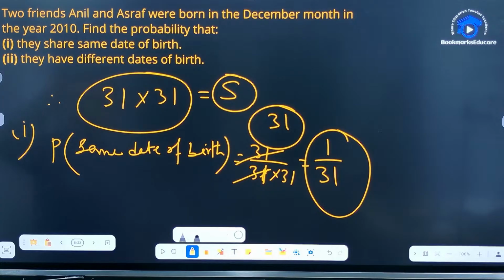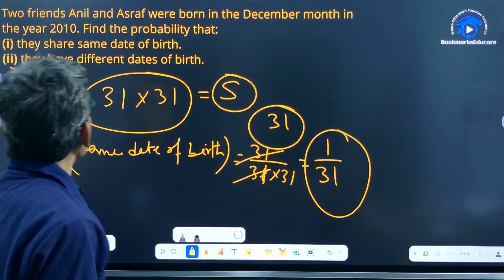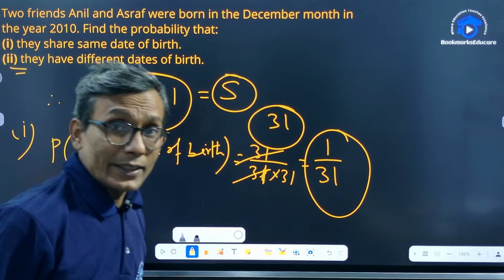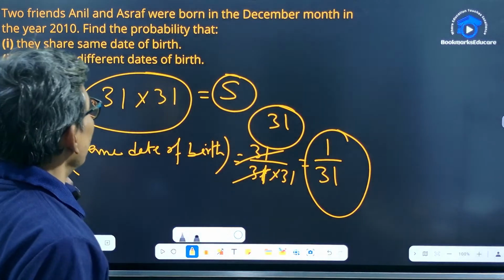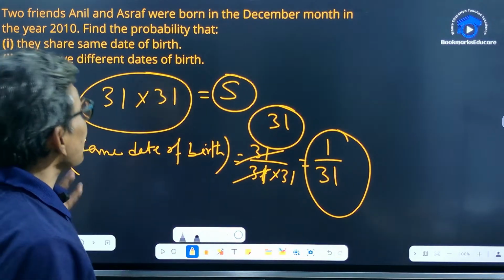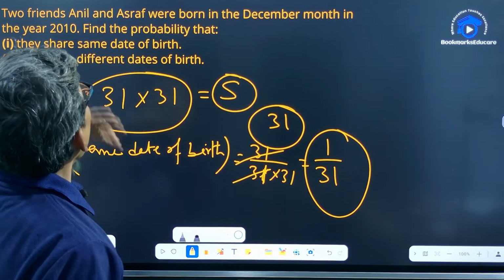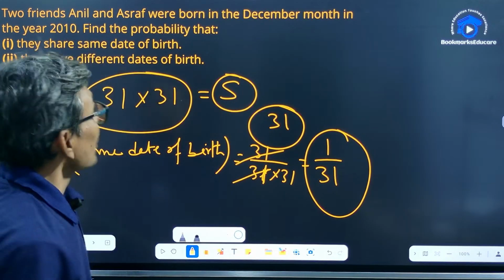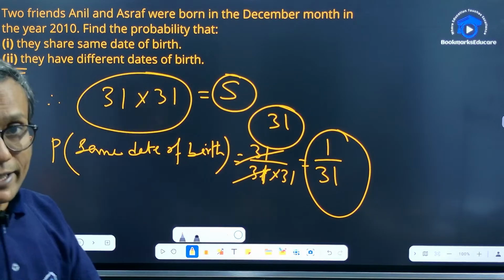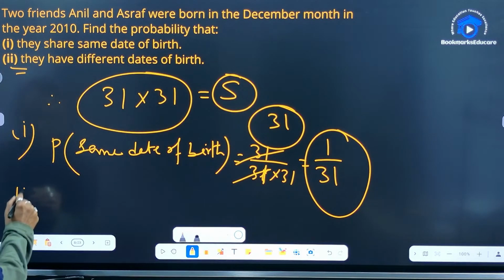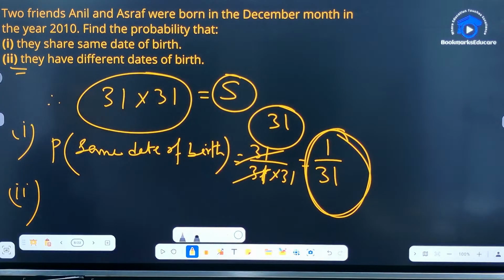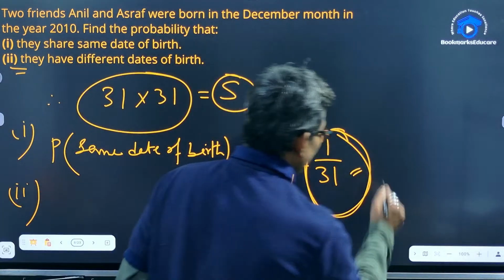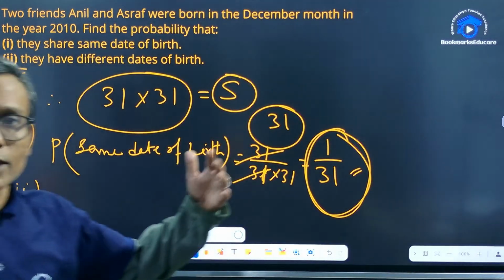Okay, and the second question is they have different dates of birth. Meaning Anil's birthday will not be the same as Ashraf's birthday, so their birthdays are different. In that case, the probability of their birthday being the same is 1 by 31, so we have to subtract it from 1, since 1 is the total probability.